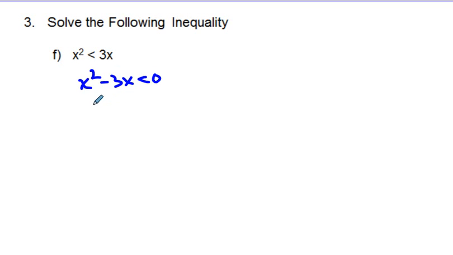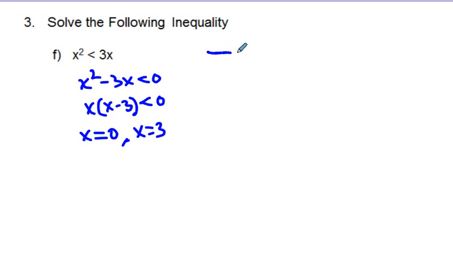And we can factor out an x times quantity x minus 3 is less than 0. And so we'd have x is equal to 0 and x is equal to 3. And we can put this on a number line.